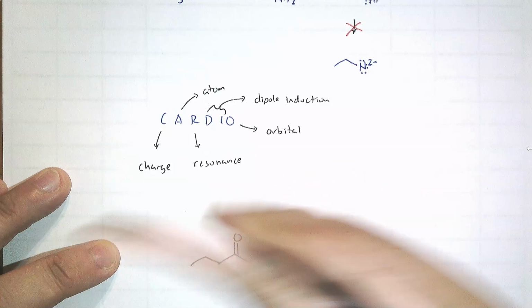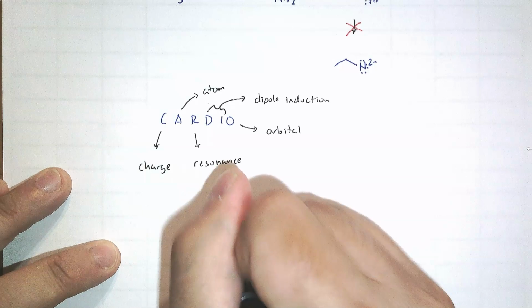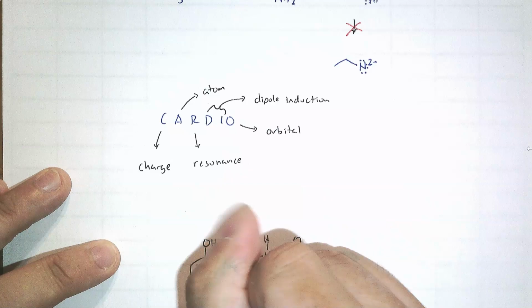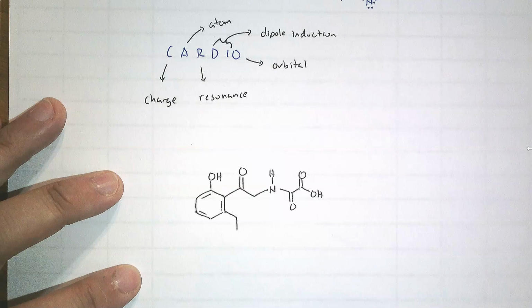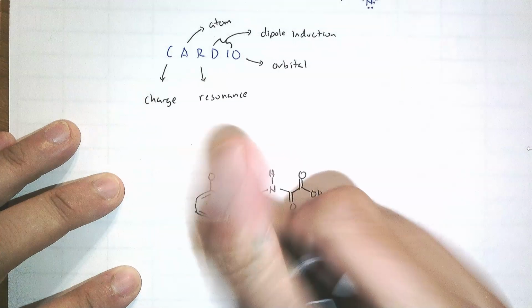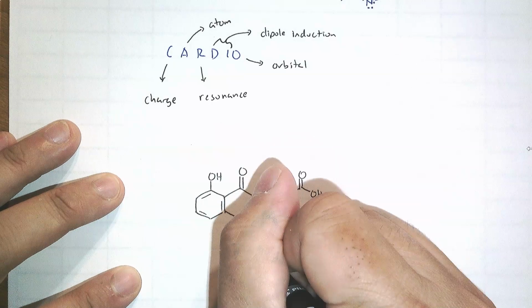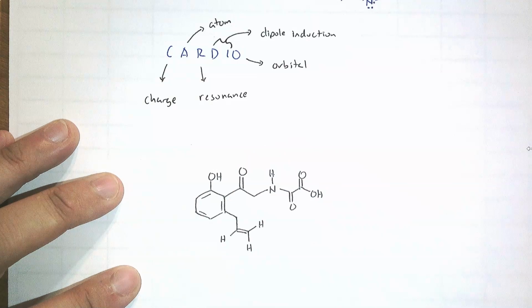For instance, if I have this, very complicated. How else can I make this? Let's put a double bond there, and maybe you want to consider one of these hydrogens as acidic.